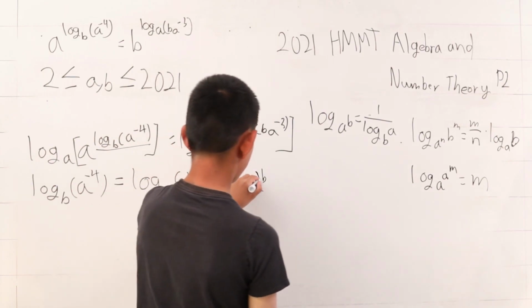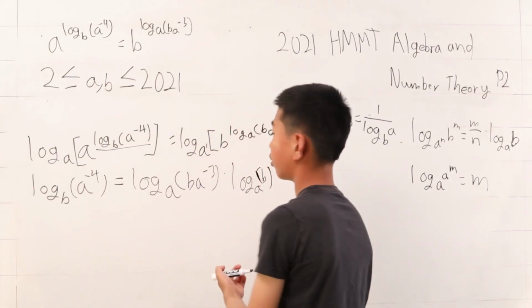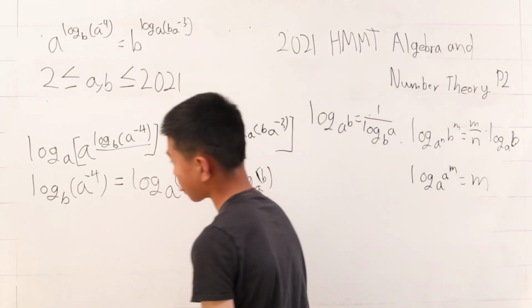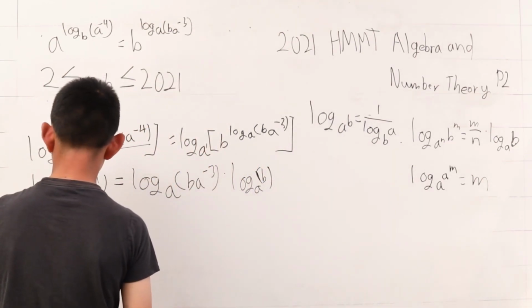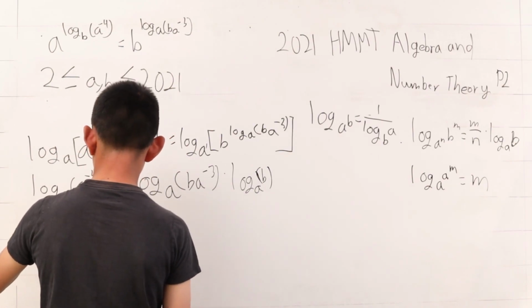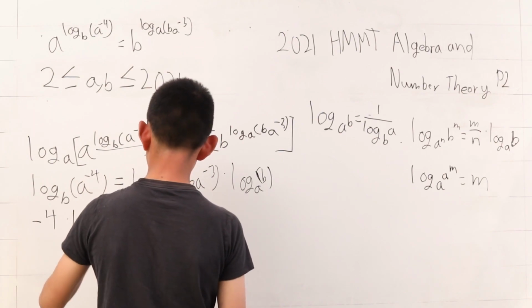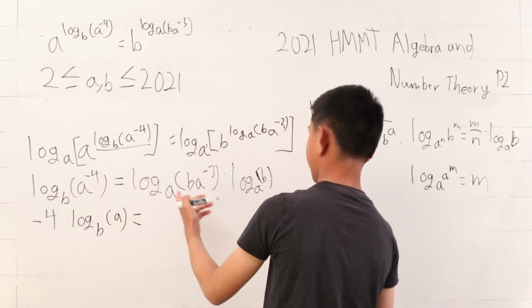So now we can start reducing these things by using simple logarithm formulas. This is negative 4 times the log base b of a. And now we can rewrite this whole thing.